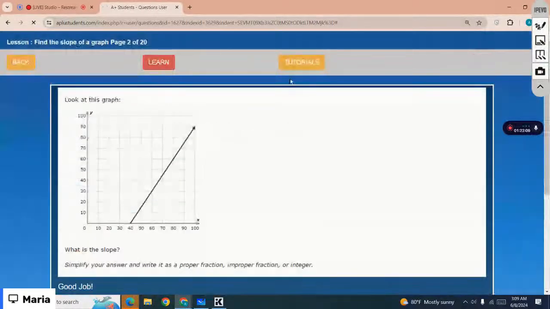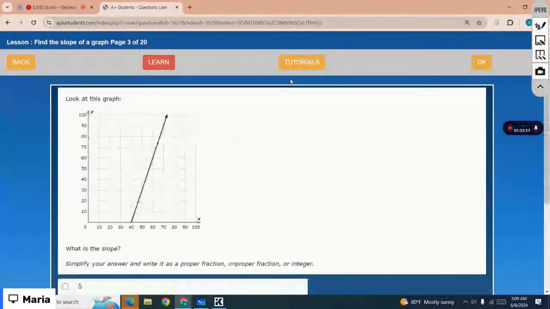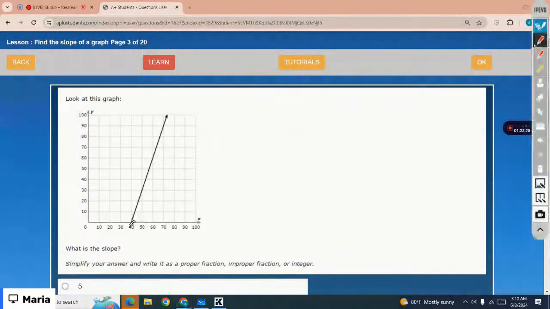Okay, the next one is look at this graph. Okay, let's just calculate the slope of the graph. Here is the first point and here is the second point, right? Just make a triangle like this. That is 1, 2, 3 and 3 over 1. The correct option is 3. That is the slope of the graph.